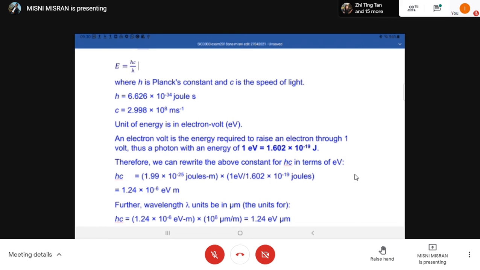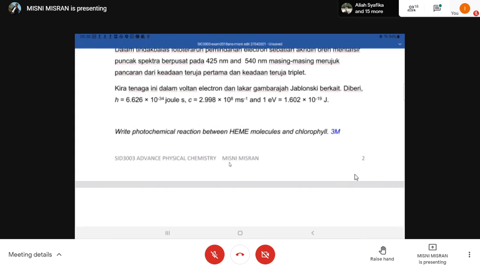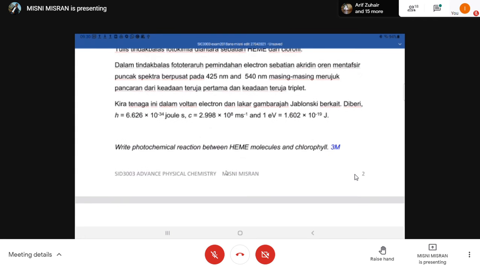Anyway, the question is asking you for electron volts. So you go back to the question. Another silly mistake that students made was forgetting to convert into electron volts.